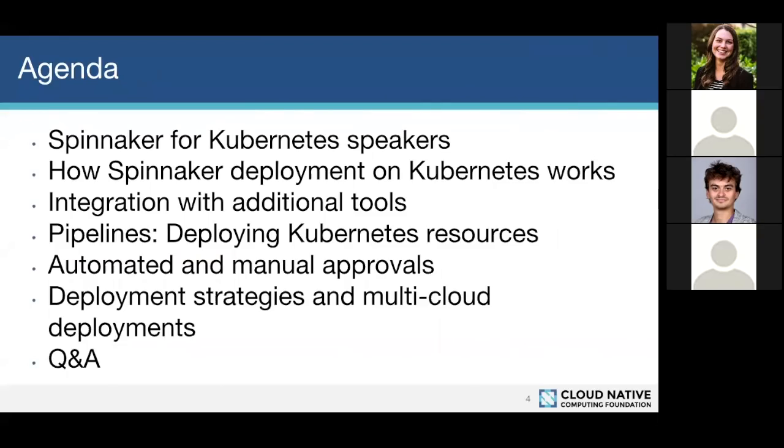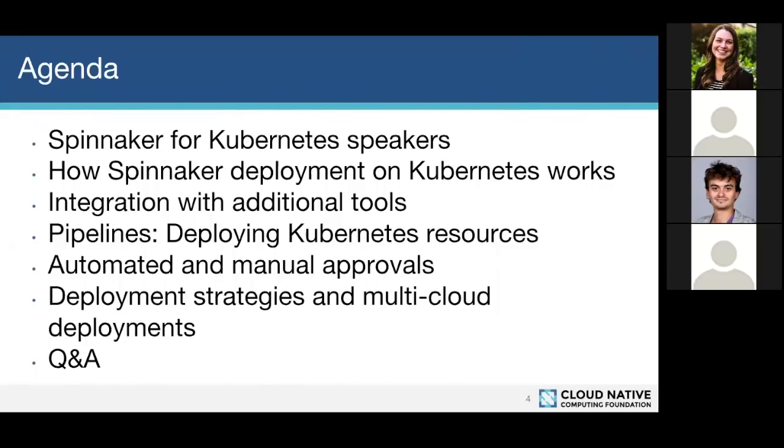All right, let's talk a little bit about what we're going to talk about. We are going to cover Spinnaker for Kubernetes speakers. There are a lot of similar terms that are used differently, so it can be very confusing, so I'm going to do the translation there. I'll explain what Spinnaker is and what that actually means in terms that we Kubernetes people can understand.